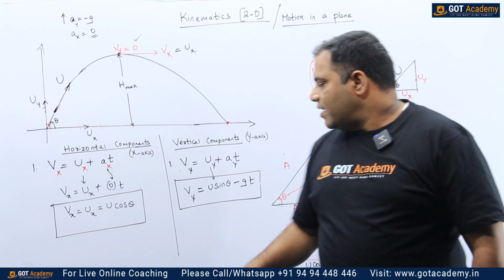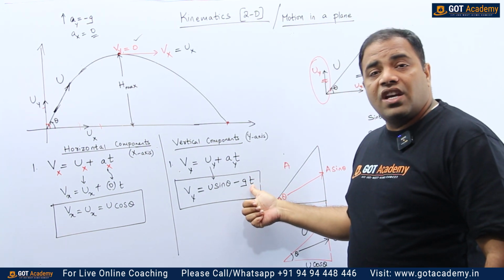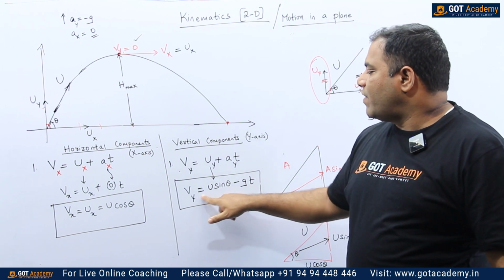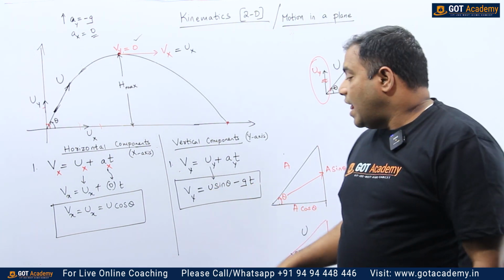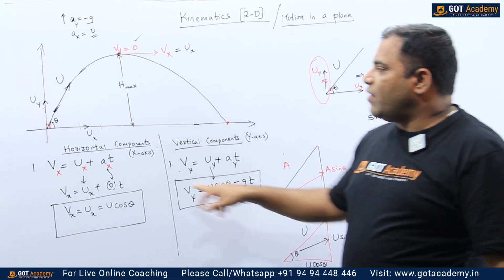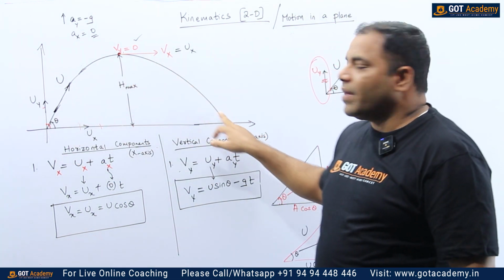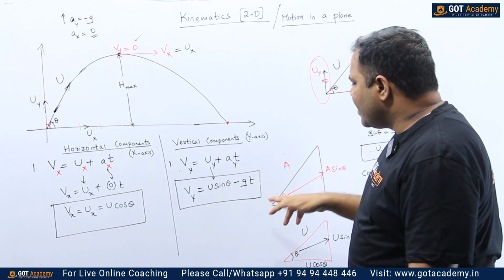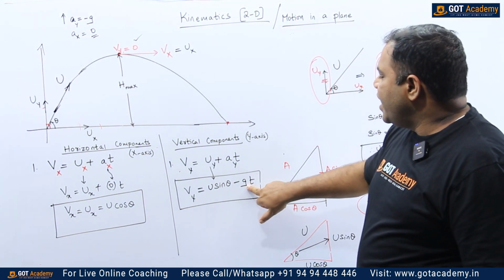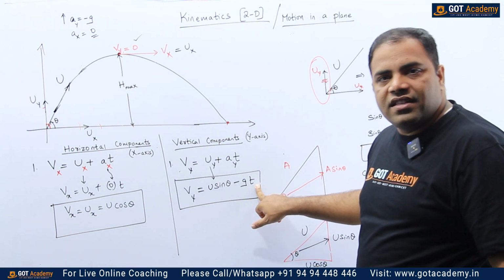Repeating, my dear children: initially the time t is taken as 0. At that moment, the y component of velocity is u sin theta minus 0, that is u sin theta only. Now when the time is increasing slowly, 1 second, 2 seconds, 10 seconds, 20 seconds, this g into t is also increasing, isn't it?